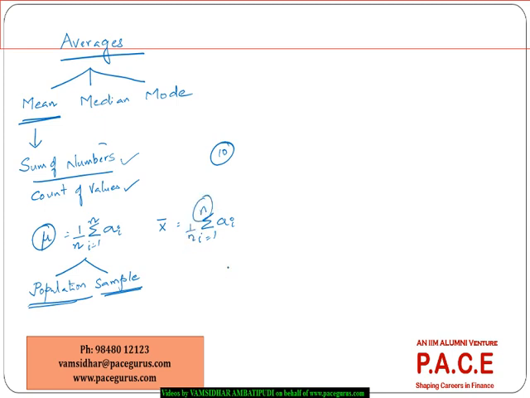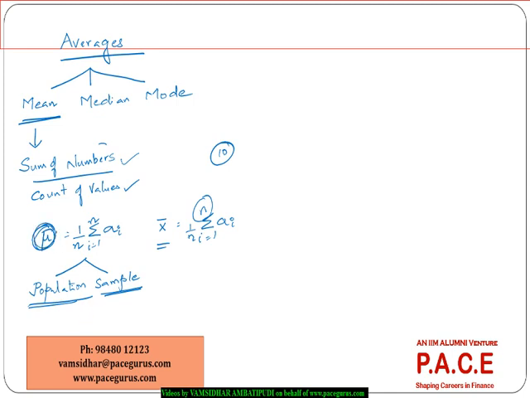Probably the total possible values could be much more than n. So n is only a sample of that entire data. Then I call this x bar the sample mean. So generally, absolute certainty, absolute mean is very rare in many fields, especially in the world of finance and risk management.